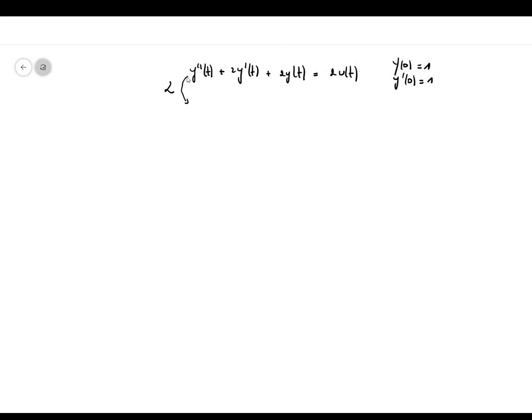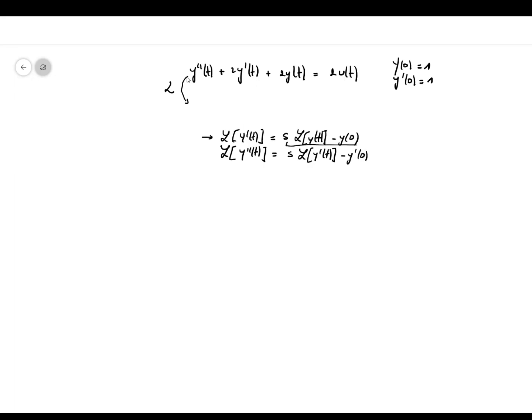Okay, so we need the Laplace of the second derivative. So we remember that the Laplace of the first derivative of y of t is, well, s times the Laplace transform of y of t minus y(0). So the Laplace transform of the second derivative is the same as this equation, but since you have taken the derivative over here, you'll have s times the Laplace transform of the derivative minus the initial condition on the derivative.